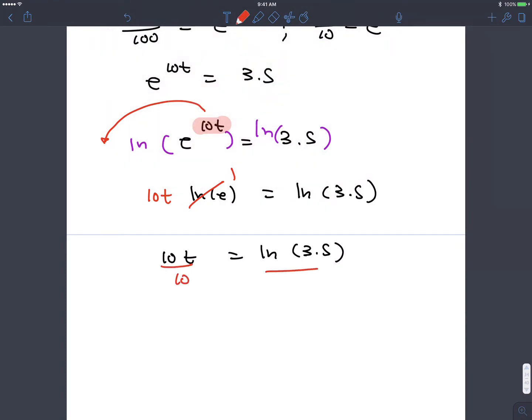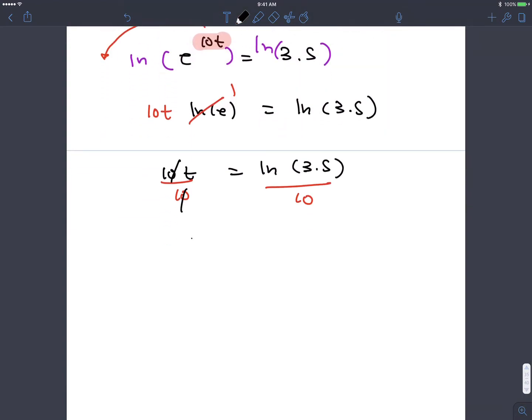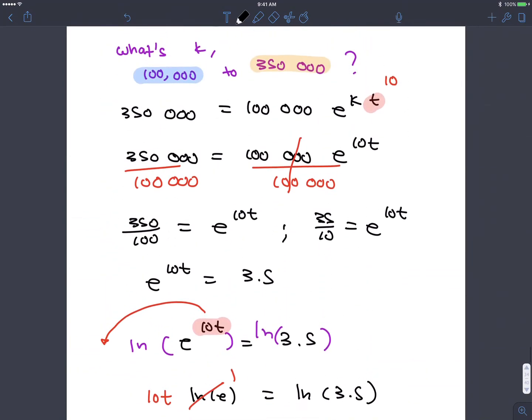Divide both sides by 10, and I'll get t to be natural log 3.5 divided by 10, or t is approximately 1.3. Or sorry, 0.13. Now let's go back and let's think about this.